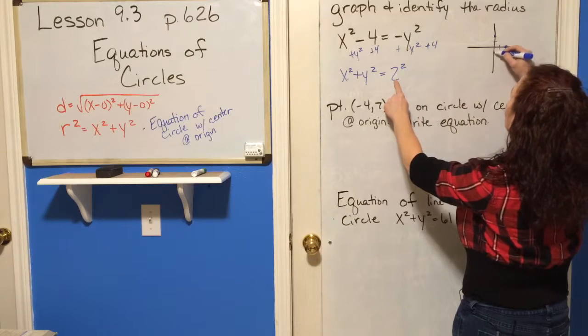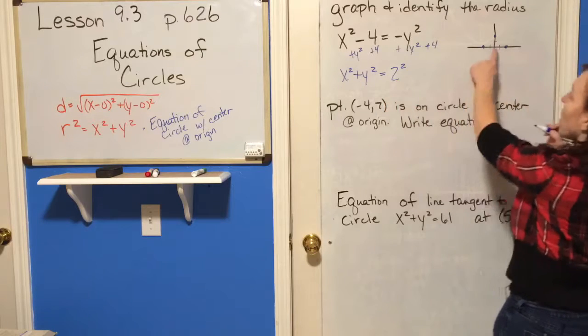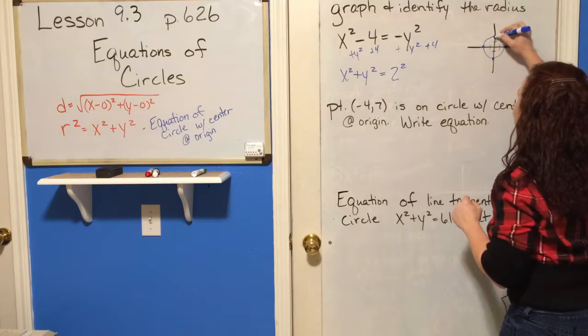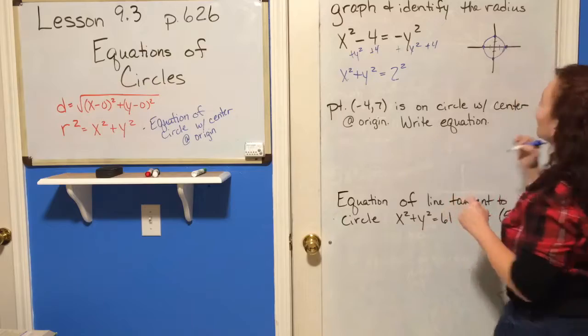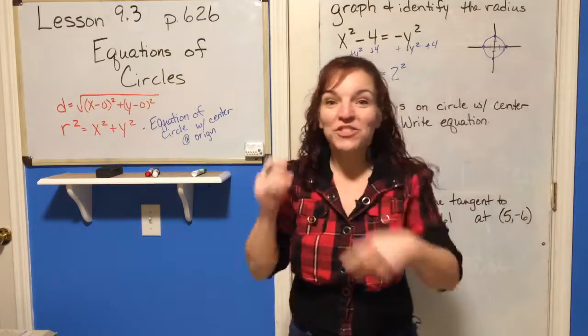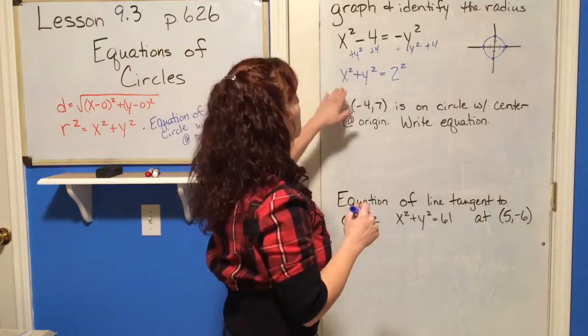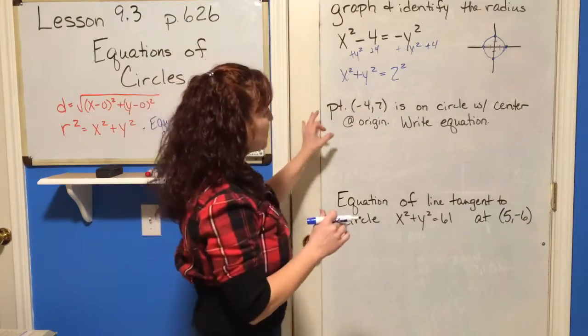And so therefore it's going to be 2 in all directions from the center. So then when you graph it, oh, lovely circle. So hopefully yours will be prettier than mine. There you go. So then you just draw a circle. So x squared plus y squared equals your radius squared. Move on. Let's go.